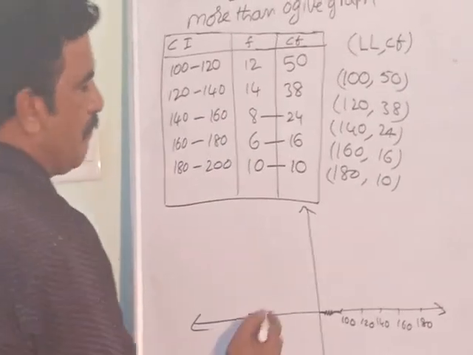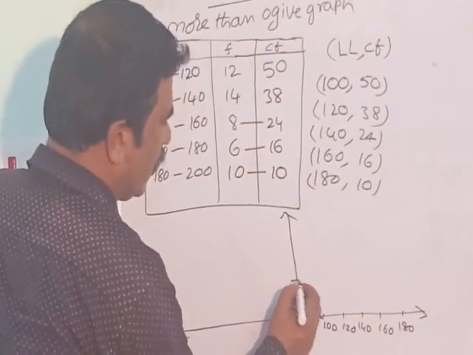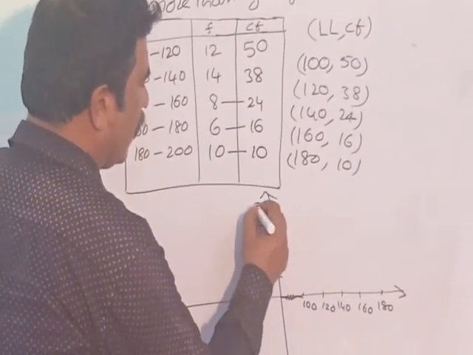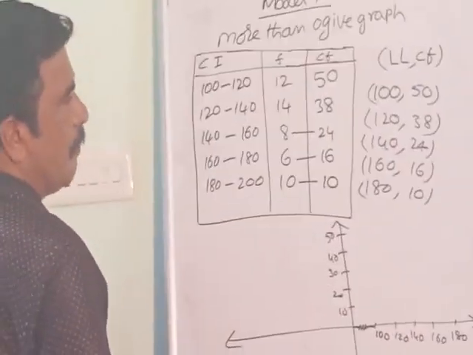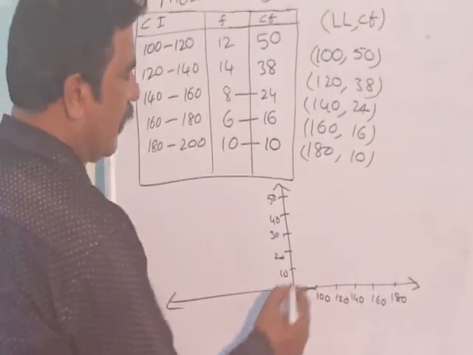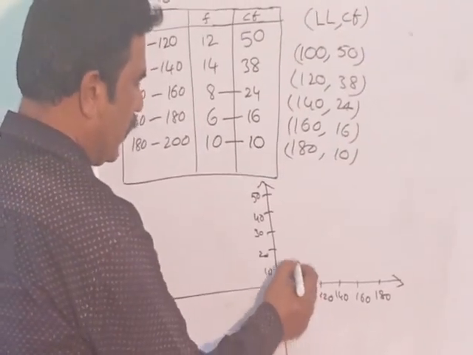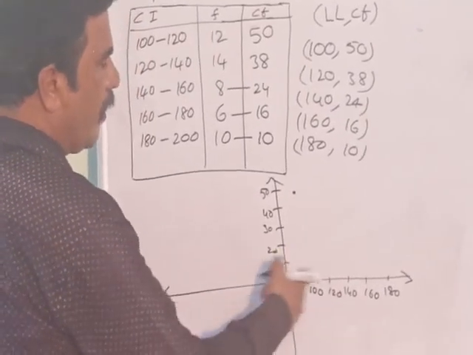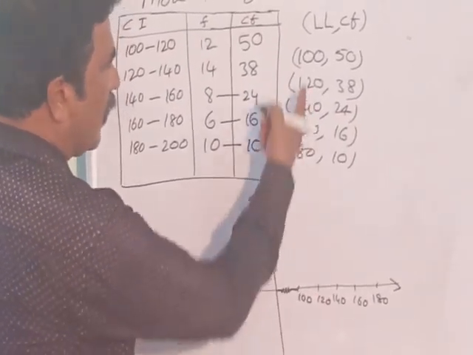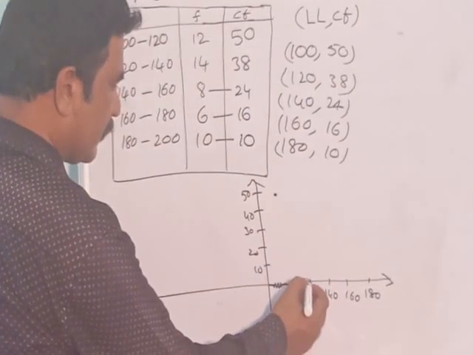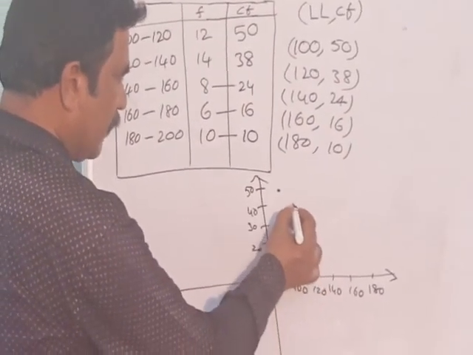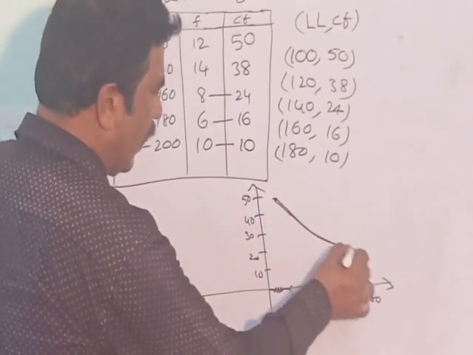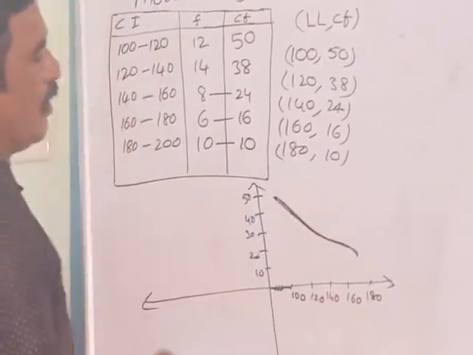Y values same way: 10, 20, 30, 40, 50. Point 100 comma 50: 100 is here, 50 is here. Therefore, the marking point will be this. If you mark these points, 120 comma 38 will come here, then the graph will be a downward S.